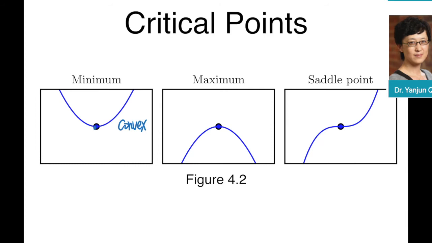The concave function has no minimal, but there is a maximal. And there are other cases where it goes to positive infinity and negative infinity. It also has points where the gradient is 0, but such a point is neither minimal nor maximal, and this is normally called a saddle point.